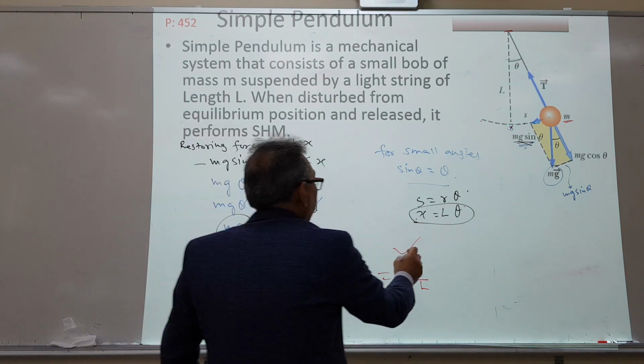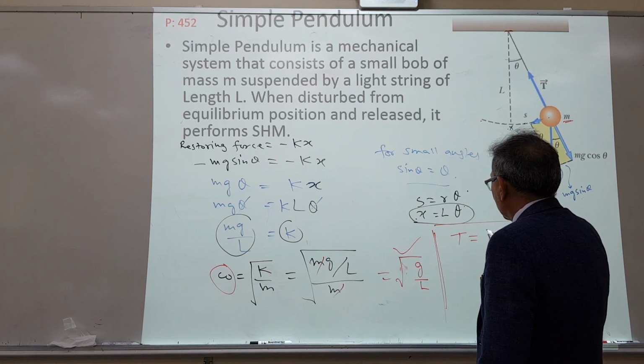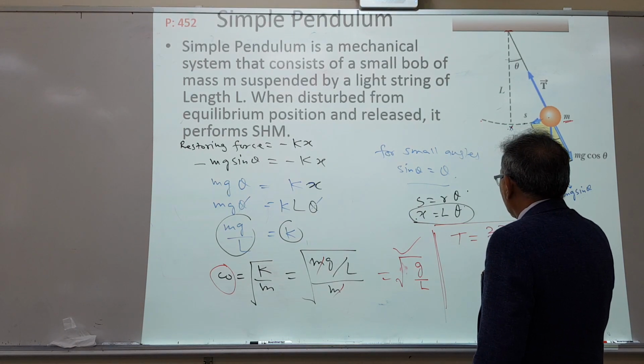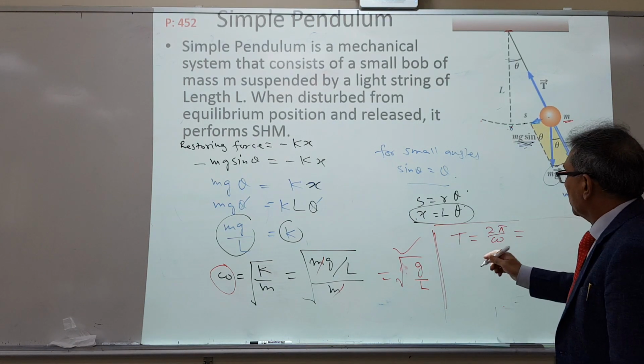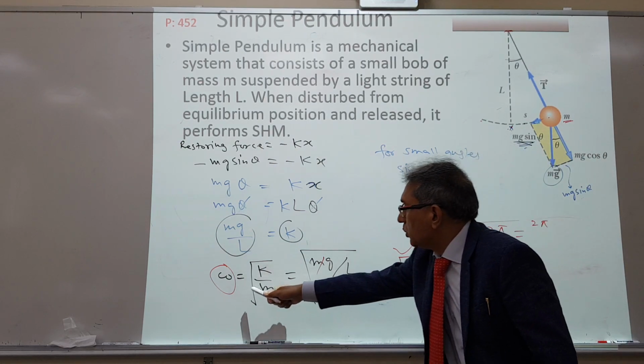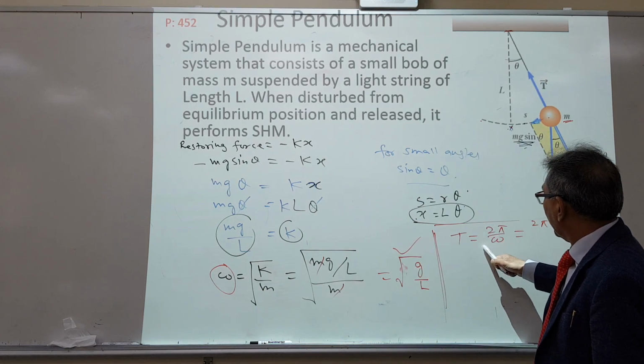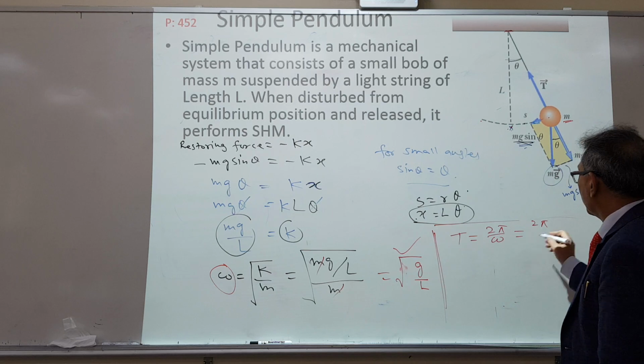Now we have the time period, which is time for one vibration, 2 pi by omega. So T is 2 pi. Omega is equal to g over L under the root, but you need 1 by omega, so it will be L over g under the root.